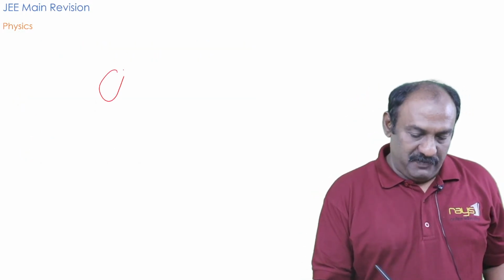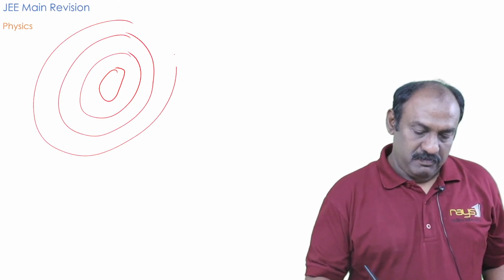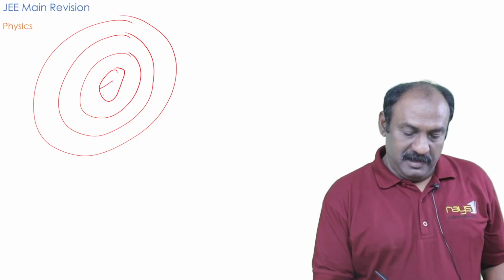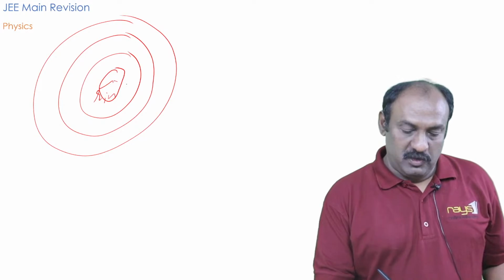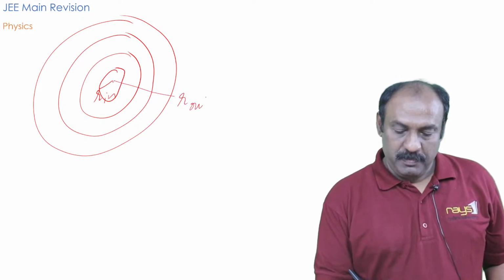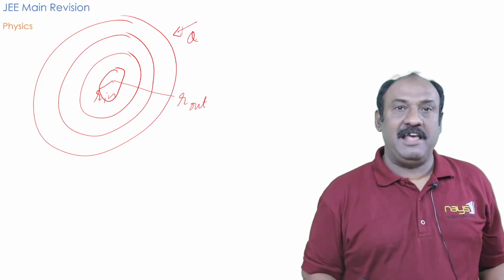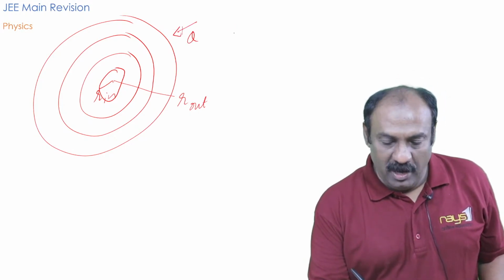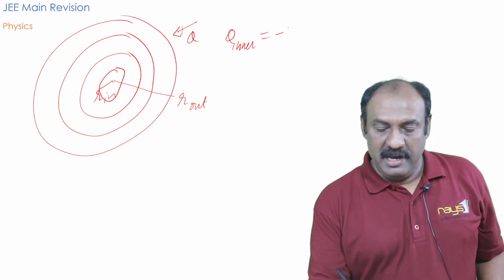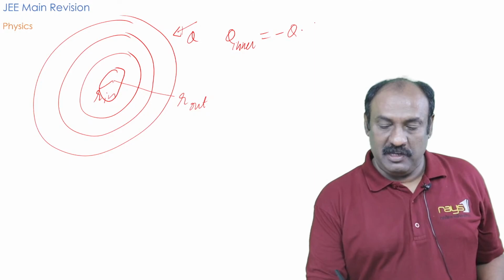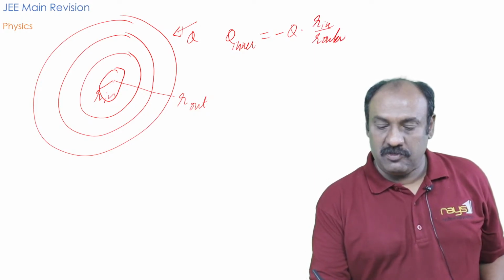So if the shells are arranged like this, this is the radius of the innermost shell, this is the radius of the outermost shell. If charge is given to the outermost shell as Q, then the charge on the innermost shell is equal to minus of the charge given to the outermost shell into the radius of the innermost shell by the radius of the outermost shell.